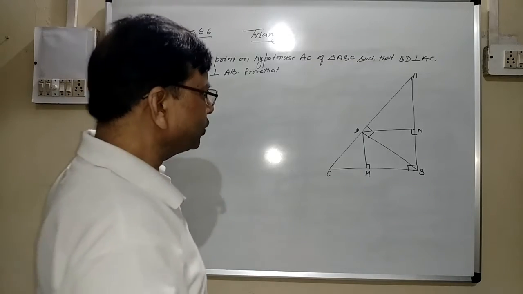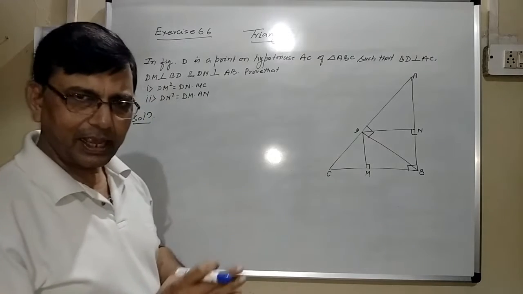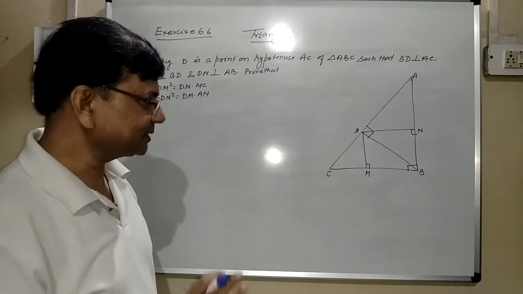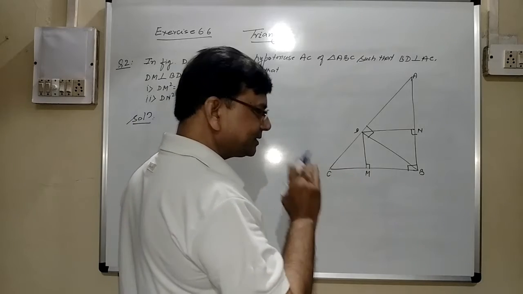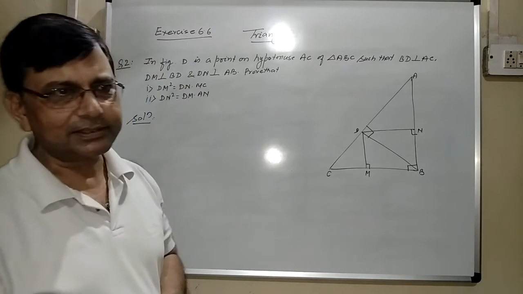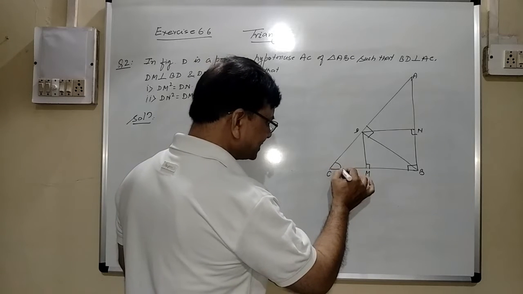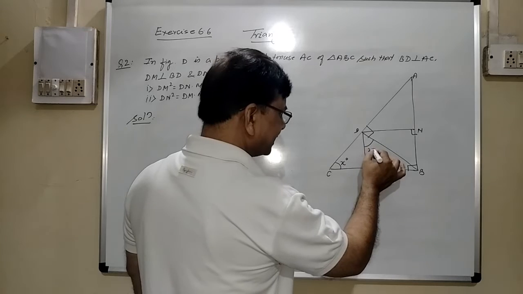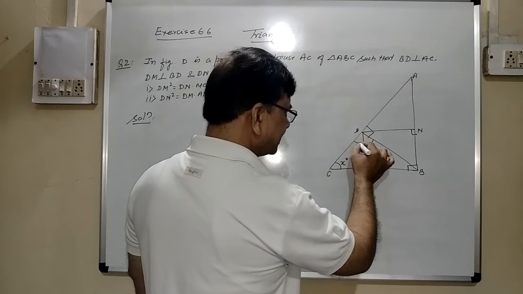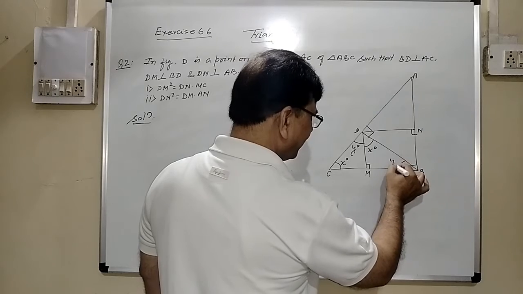So we will consider these two triangles and see the corresponding angles. When I was teaching similarity, I had told you one thing. Suppose if this angle is x degree, then this will also be x degree, and if this is y degree, then this will also be y degree.